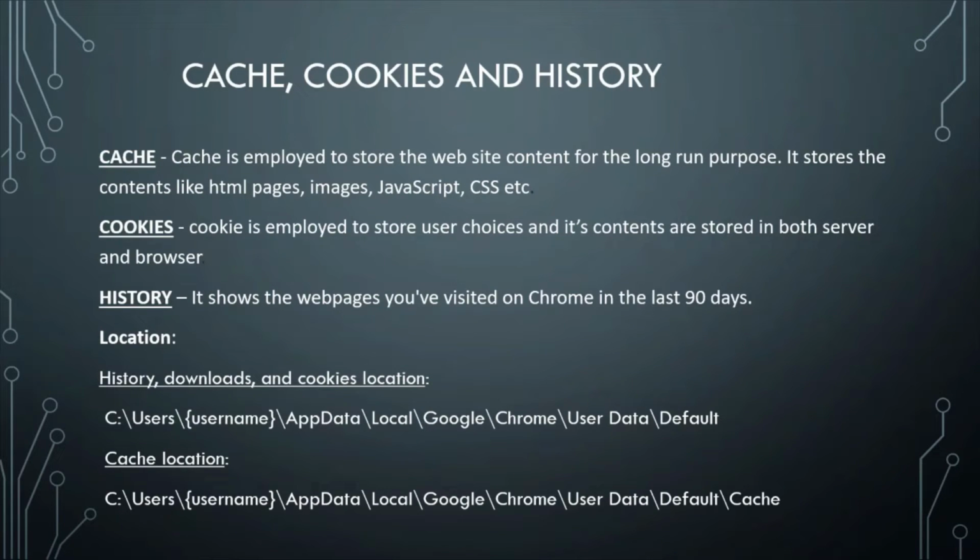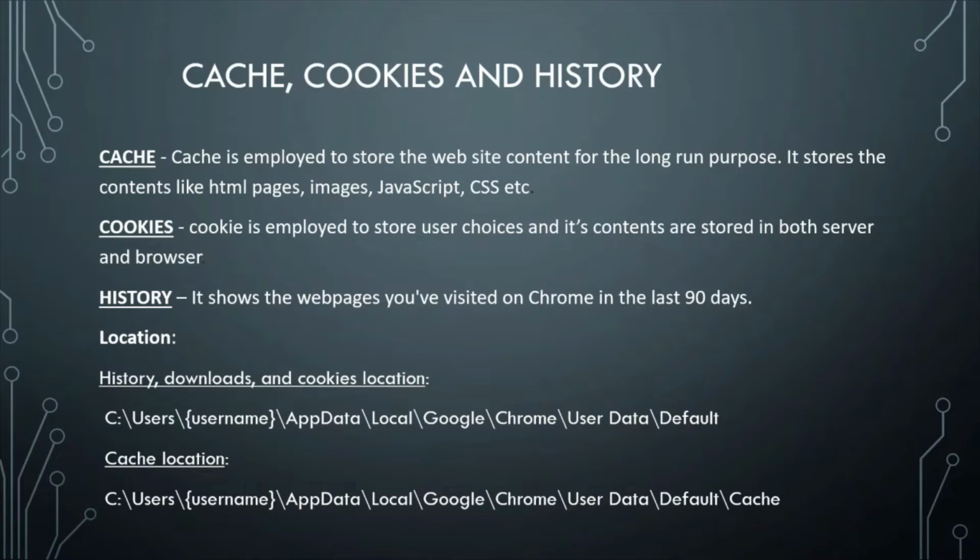So next is cache, cookies and history. Examining web browsers such as Microsoft Edge, Google Chrome, Mozilla Firefox, etc. provides crucial evidentiary data such as web history, cookie and cache information pertaining to the user's browsing activity. Cache is basically employed to store website content for the long run.